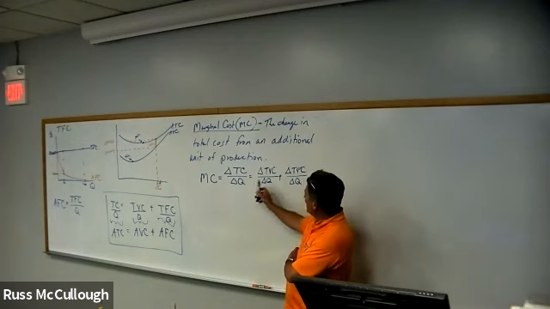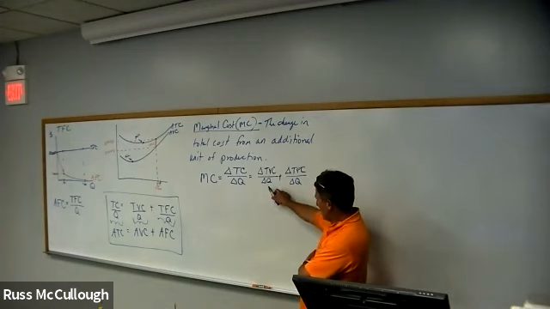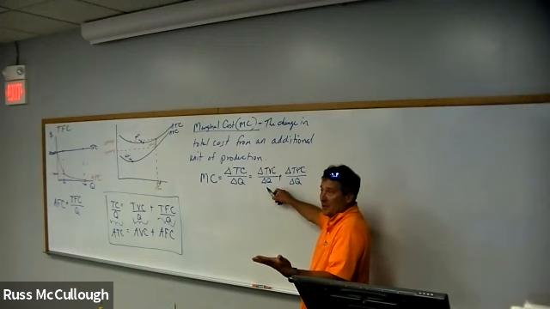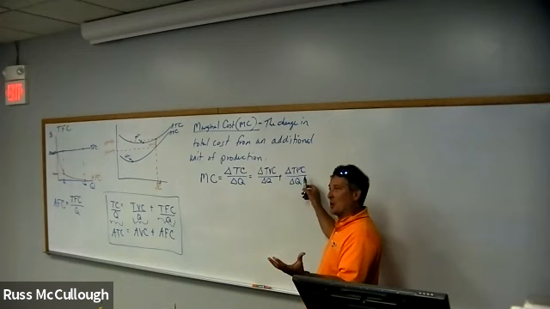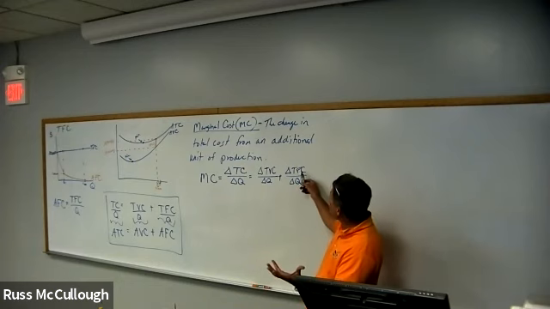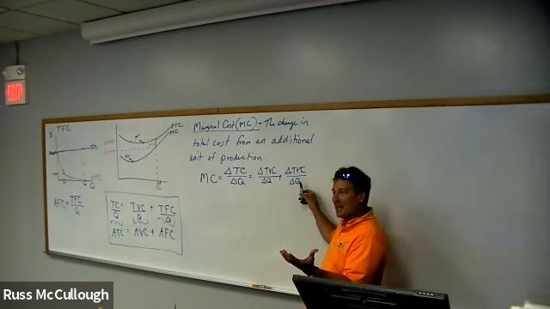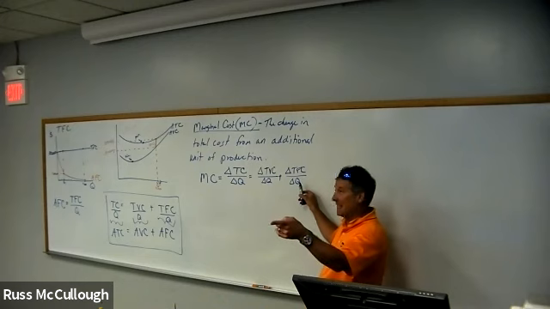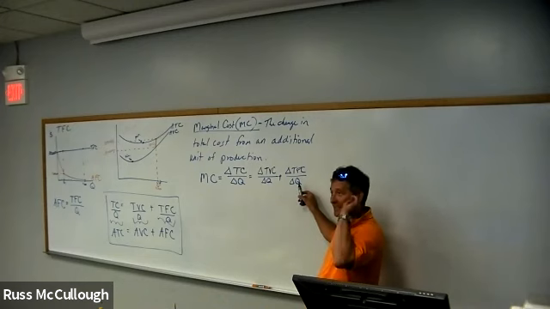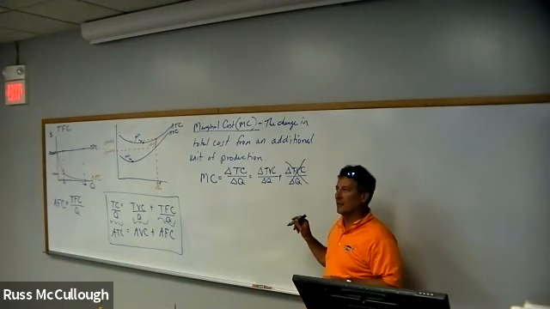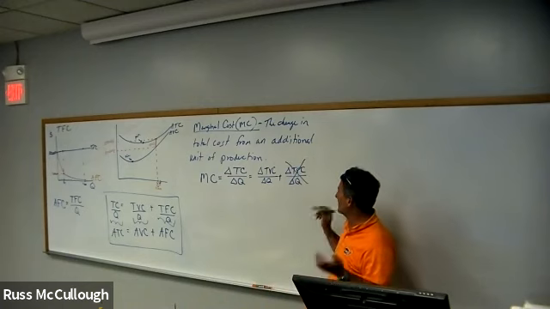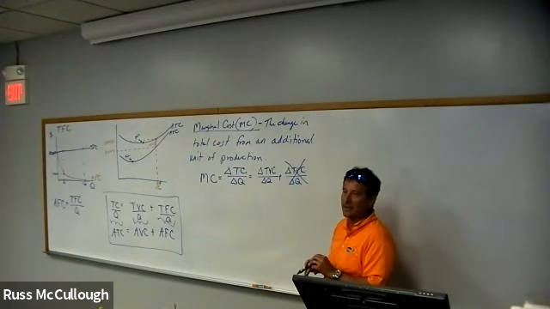Marginal cost is the change in total variable cost from a change in quantity, from bumping up one more unit. And then you also have to add in the change in total fixed costs from adding one more unit. How much does total fixed cost change by, Wes? It doesn't change. So how much does it equal? 0. So that term just disappears because fixed costs don't change with quantity by definition.